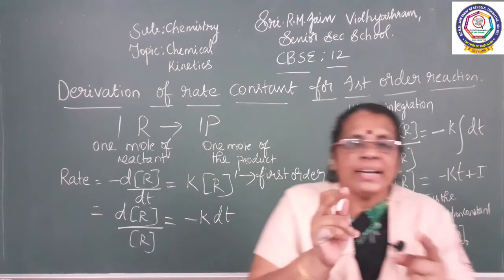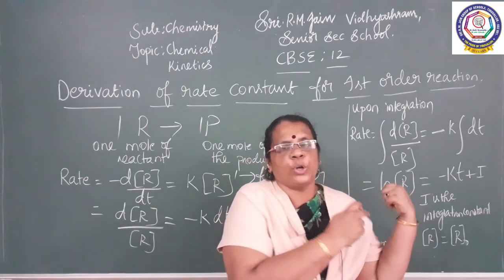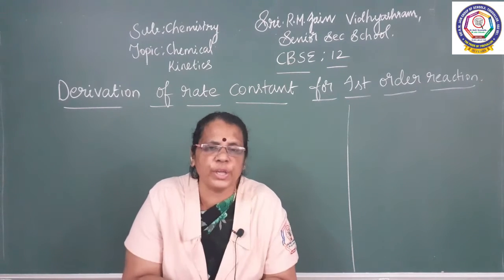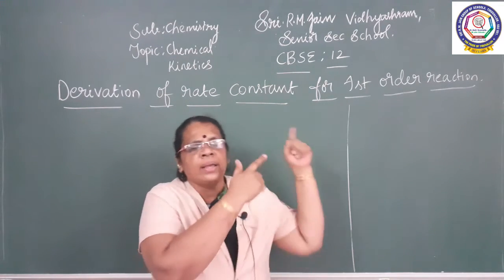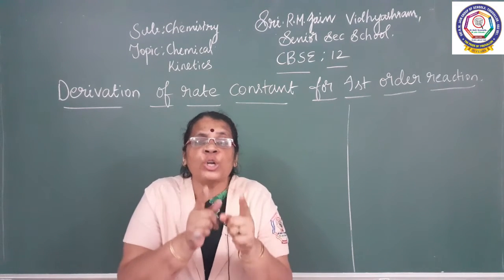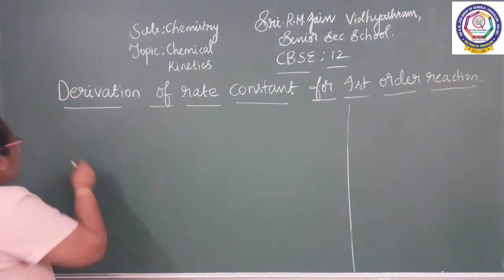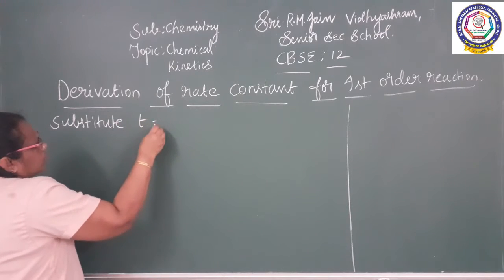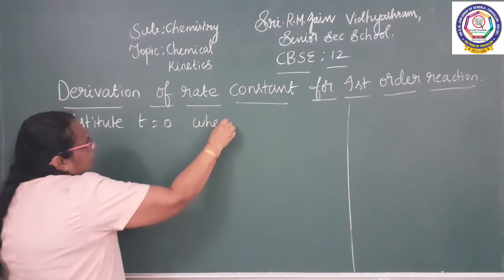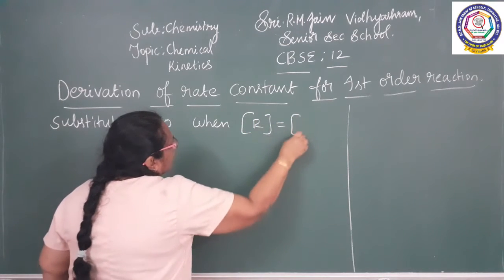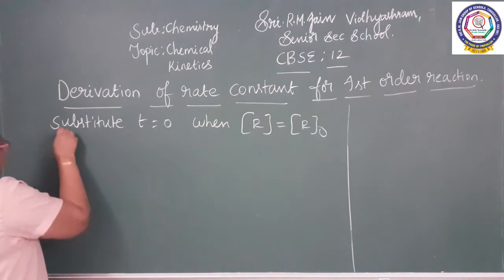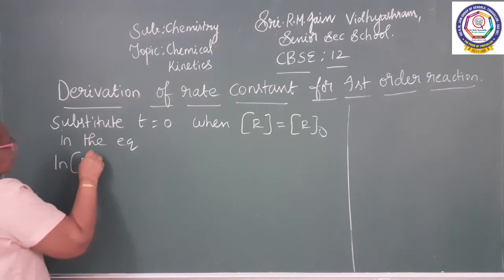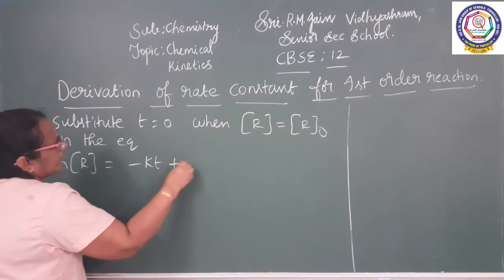So we are going to substitute t is equal to 0 and R is equal to R naught in the equation ln R is equal to minus Kt plus I.